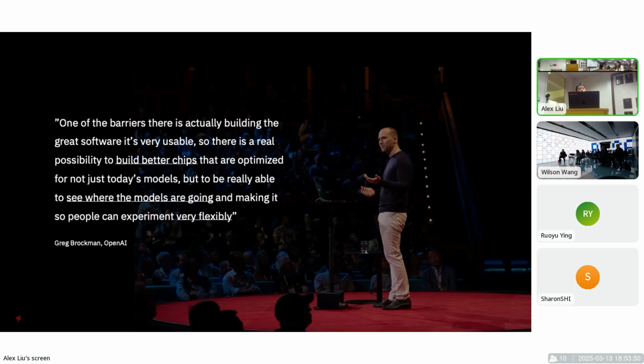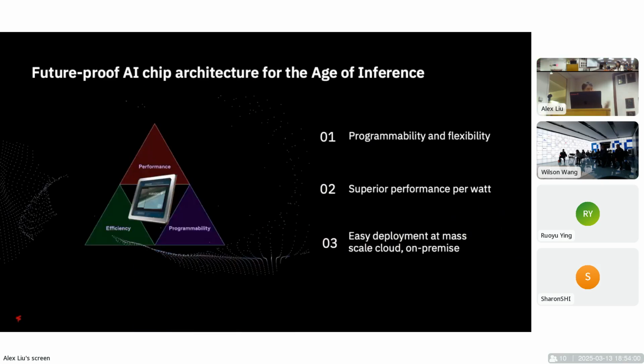So that's the gap I mentioned. There's a need for a new kind of AI processor that can not only optimize for current models, but also be flexible enough for future AI models. And of course, you need the performance to provide enough satisfaction to end users.